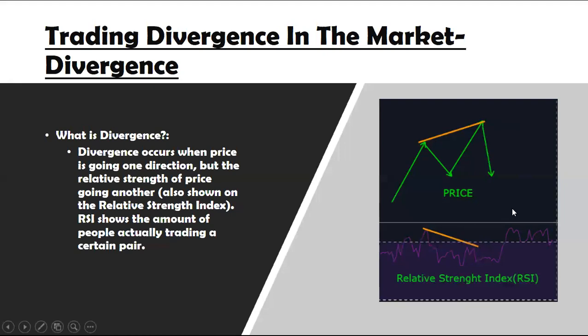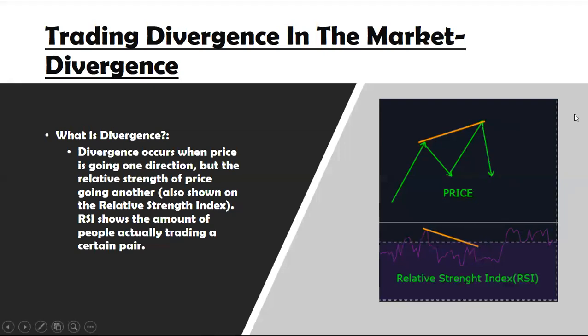Here price goes up, creates a high, comes back down, and then goes up again, creating an even higher high, and then comes back down and probably creates an even higher high. But notice, if you could draw a line, and usually this is how you can tell if you have divergence, okay?